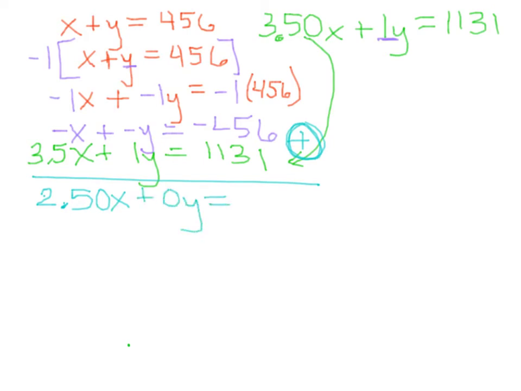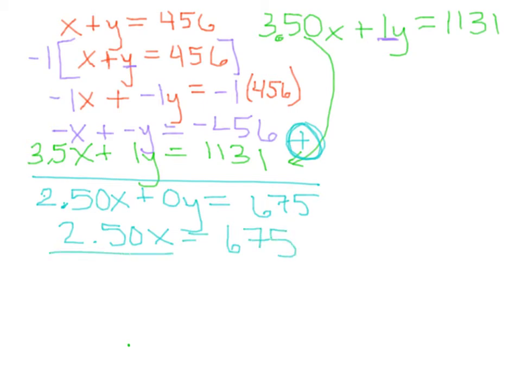If I take 11,031 and subtract from that 456, I get 10,575. So I have 2.50x is equal to 10,575.